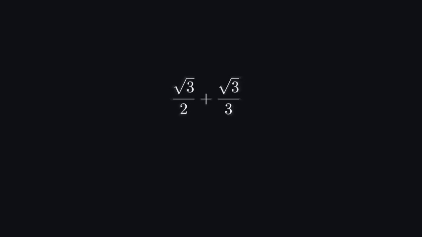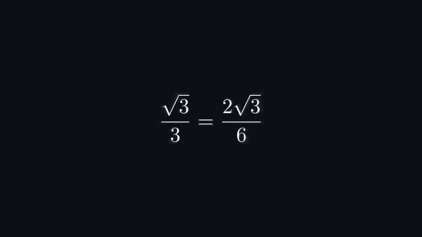√3 over 2 plus √3 over 3. Now simplify the denominator.